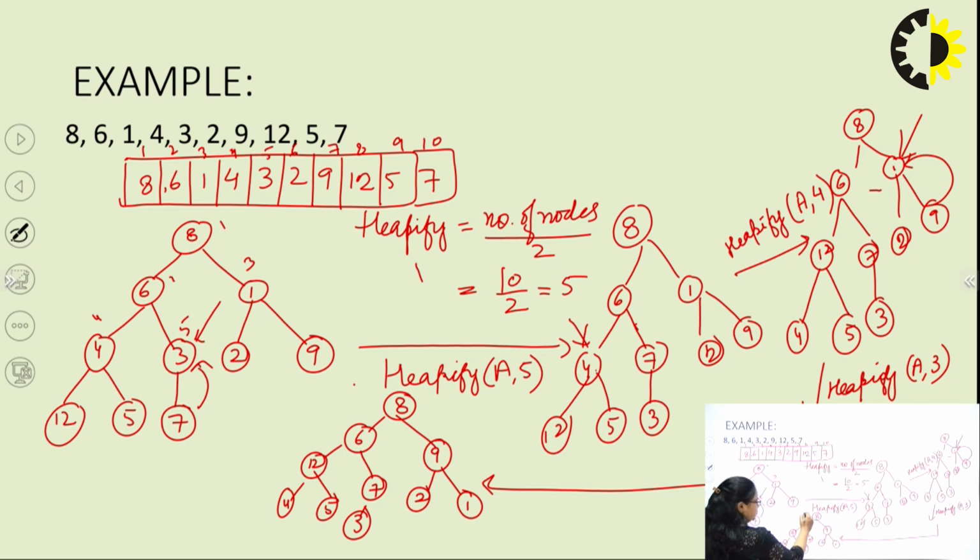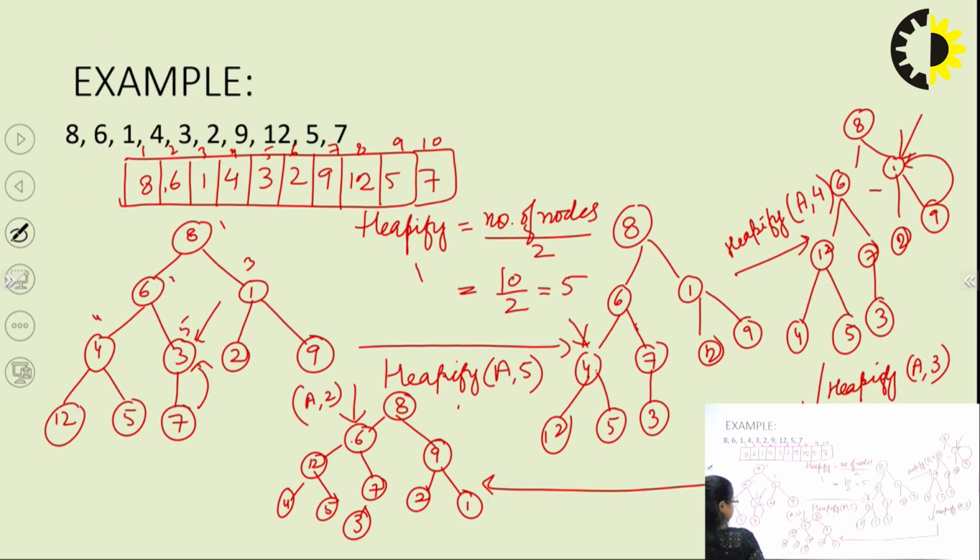Now on this tree, we will call heapify a comma 2. When we call heapify a comma 2, now we have to check 6, which comes to the 12th location, right? And comparing it, 4 and 5 are smaller than 6. So 6 will hold its own position.